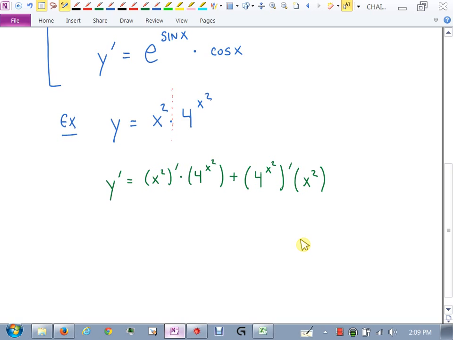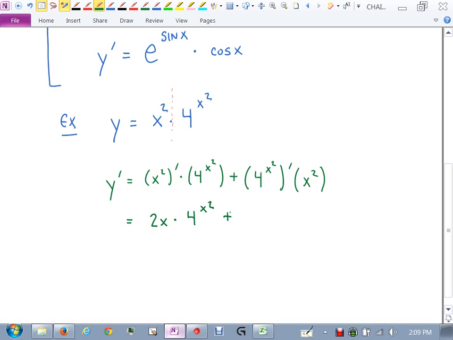What is the derivative of x squared? 2x. So we have 2x times 4 to the x squared plus, what's the derivative of 4 to the x squared? So the base is not e, right? The base is 4.